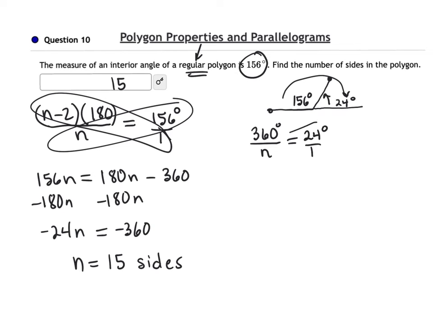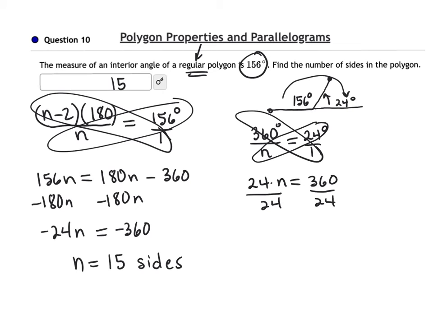Put that over 1 and cross multiply. 24n equals 1 times 360, which is 360. Divide both sides by 24. And we already did 360 divided by 24. Remember, it was 15.